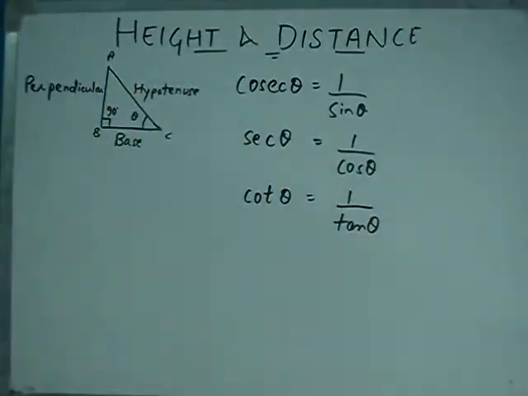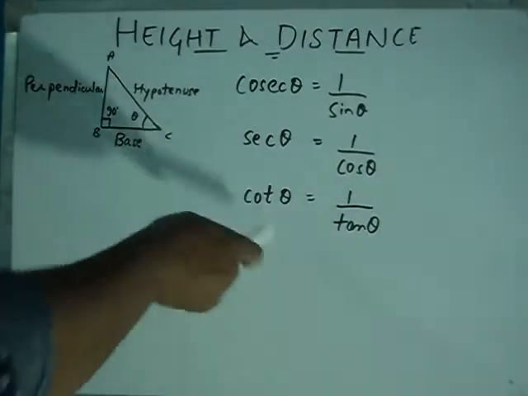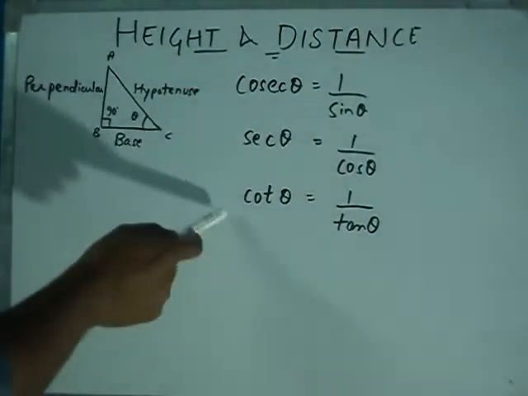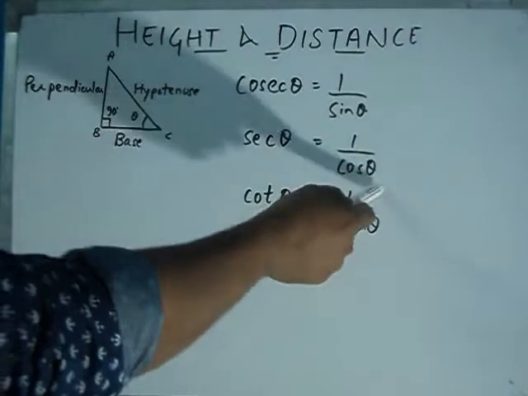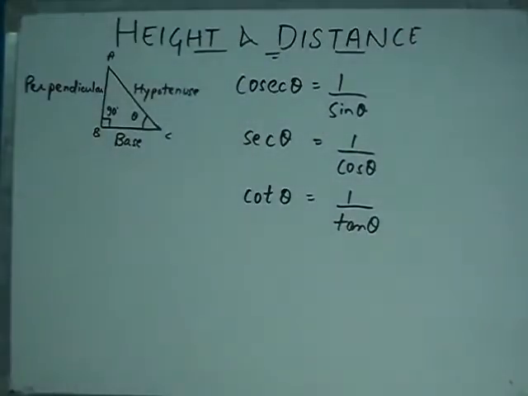The values of these three, according to the table, are the reciprocals of those values at the corresponding angles. So this is the fundamental, and let's discuss what height and distance is.